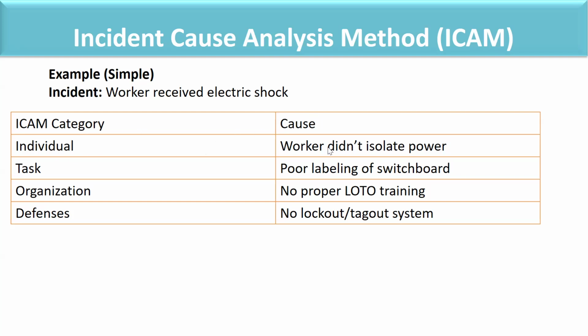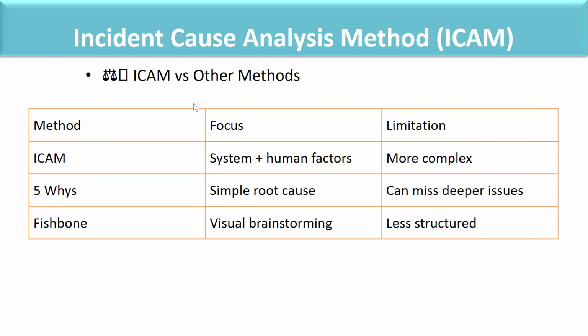Individual: worker didn't isolate power. Task: labeling up the switchboard. This is the cause. Organization: no proper LOTO training. You know LOTO? Lock out, tag out. Locked in and locked out, good, sir. Defense: no lockout, tagout system in place.